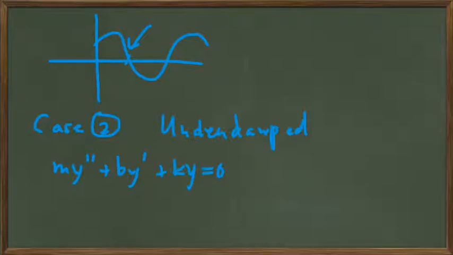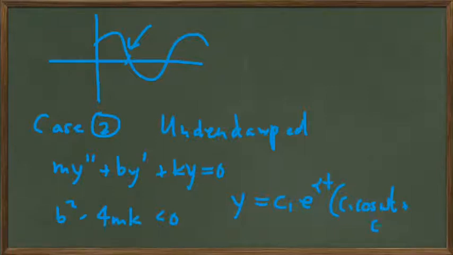It's the case when b squared minus 4ac, or actually b squared, in this case minus 4mk, is negative, and we get the solution that looks like this: e to the alpha t times c1 cosine omega t plus c2 sine omega t.